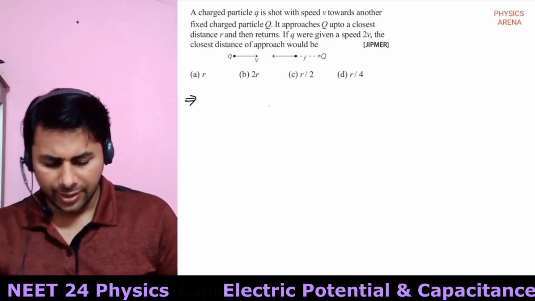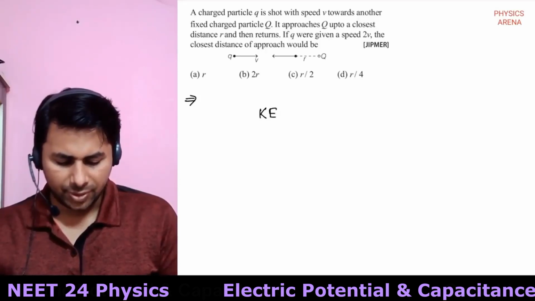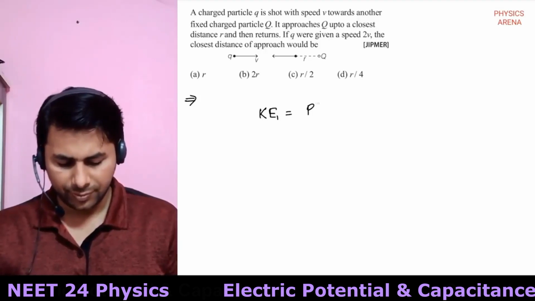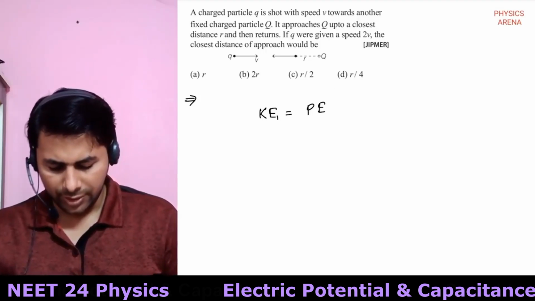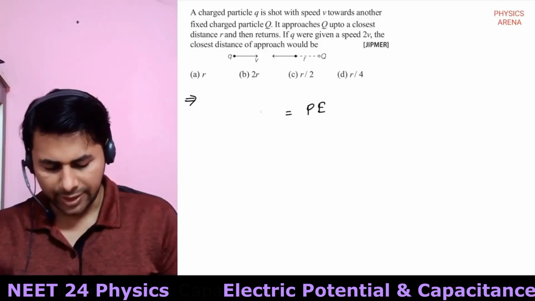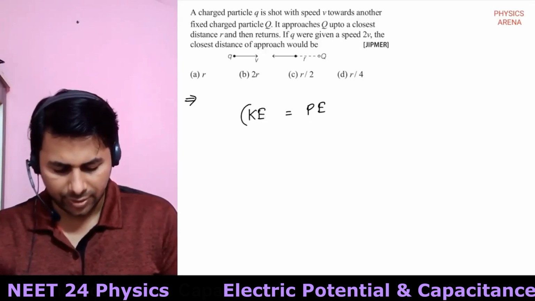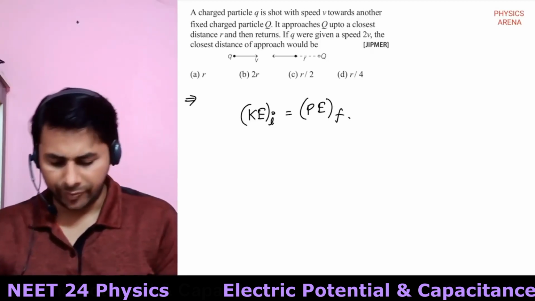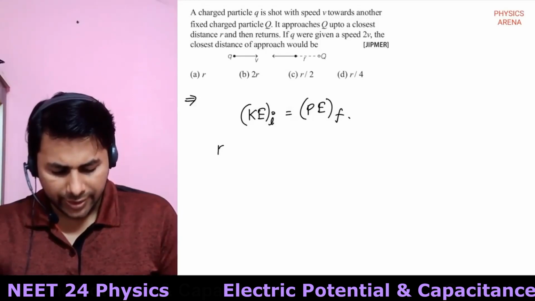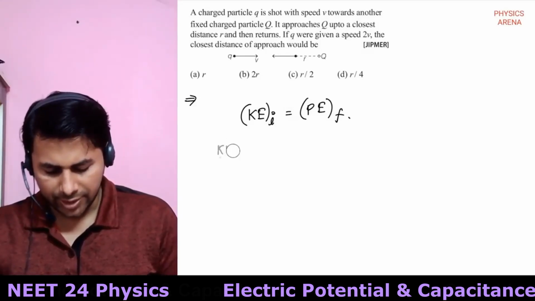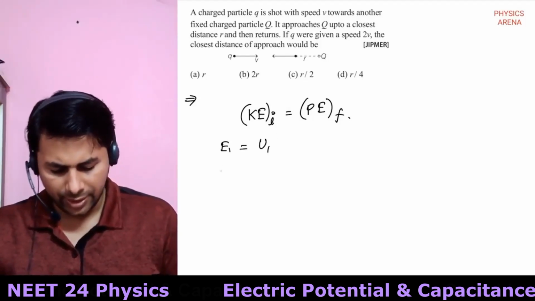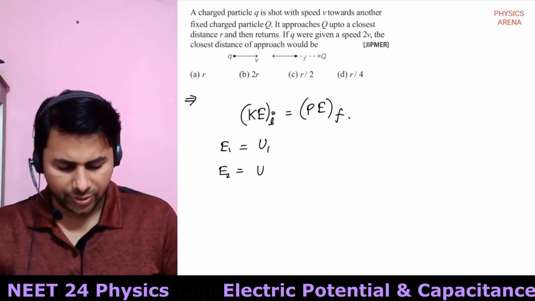Okay, so we can say initial kinetic energy will be equal to potential energy. So the initial KE gets converted to potential energy at the final point. Okay, so for the first case the kinetic energy, let's call it E1, will be equal to potential energy U1, and E2 will be equal to potential energy U2.